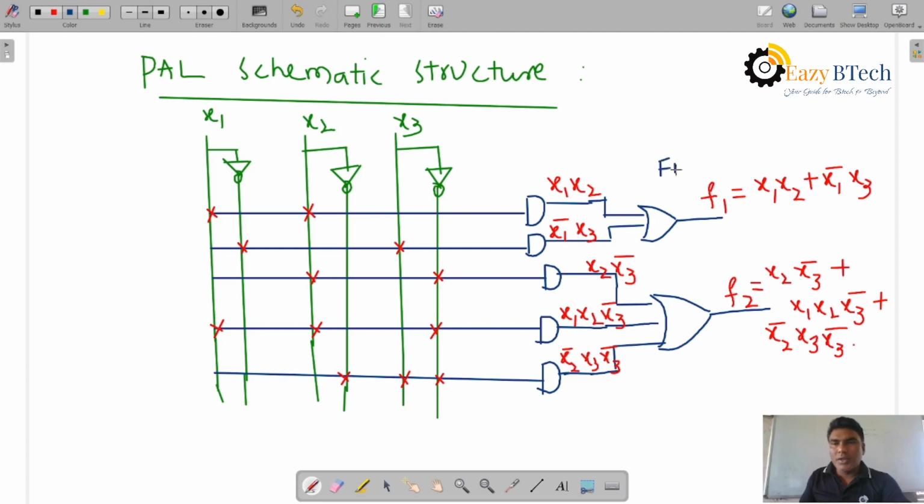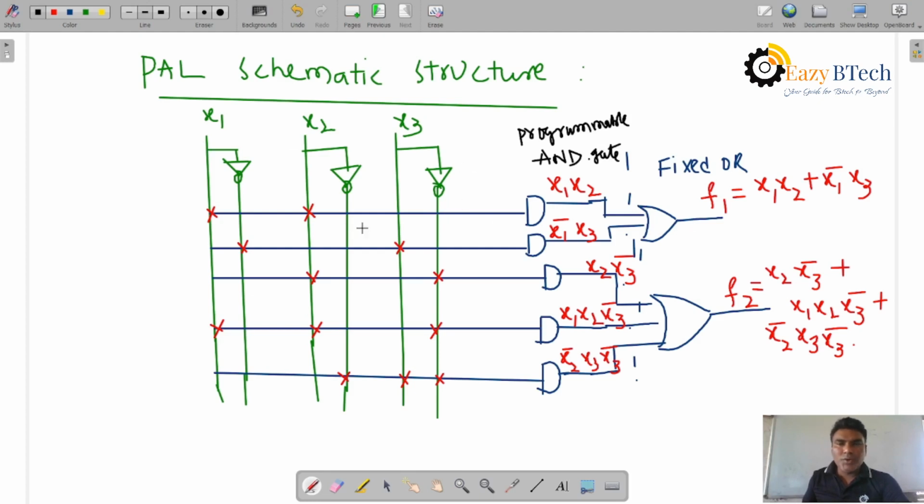So up to this point is programmable: programmable AND gates. These are the fixed OR gates, external OR gates.